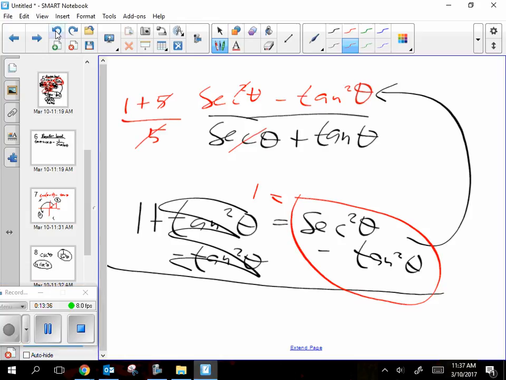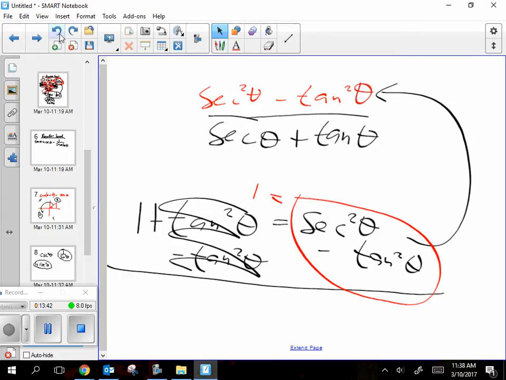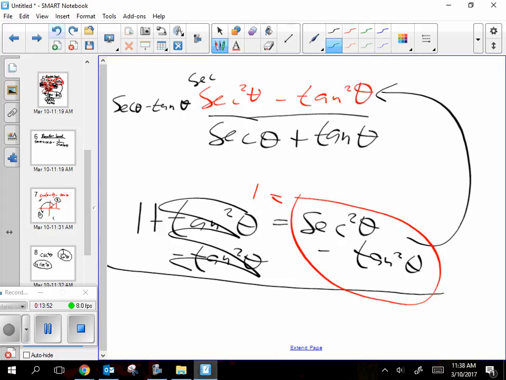All right. Now, if they were factored, you could. So I got to factor it. So get those cancels out of there. I take the top and I make it secant minus tangent and secant plus tangent. Then the secants can cancel, the positive ones can cancel, and I'm left with the negative ones.